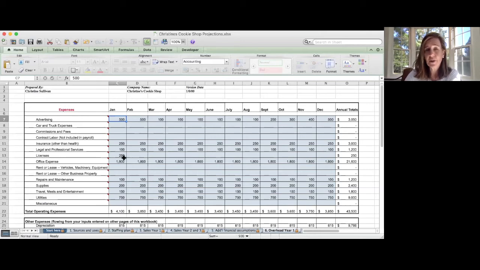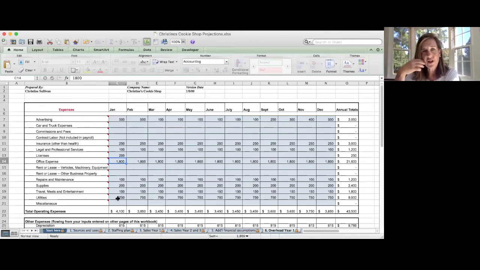I know I need my food license once a year, about $250. My bakery rental, $1,800 a month. I'm going to assume some repairs and maintenance, create a budget for that, $200 a month, supplies, $150 a month, for travel, meals, and then utilities of about $750. And most of those I've left as a level monthly expense.